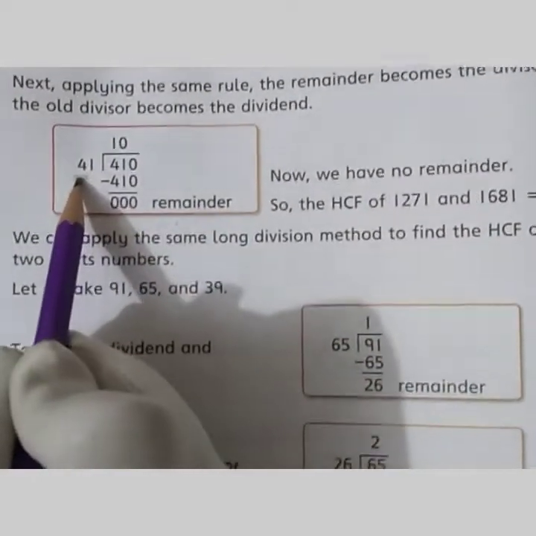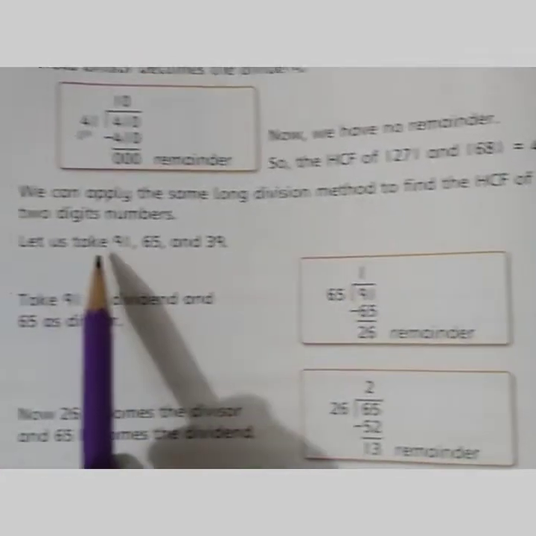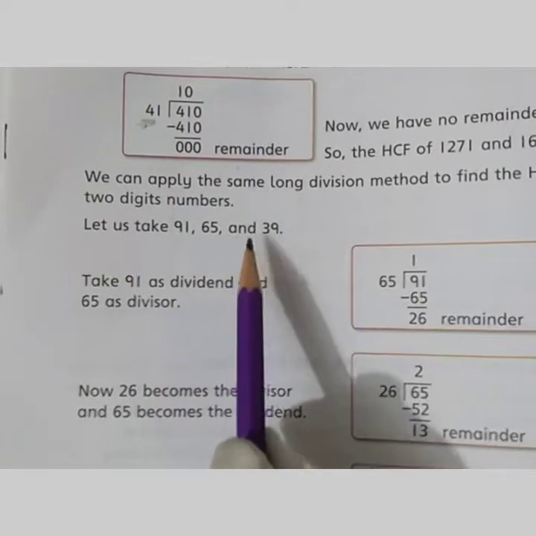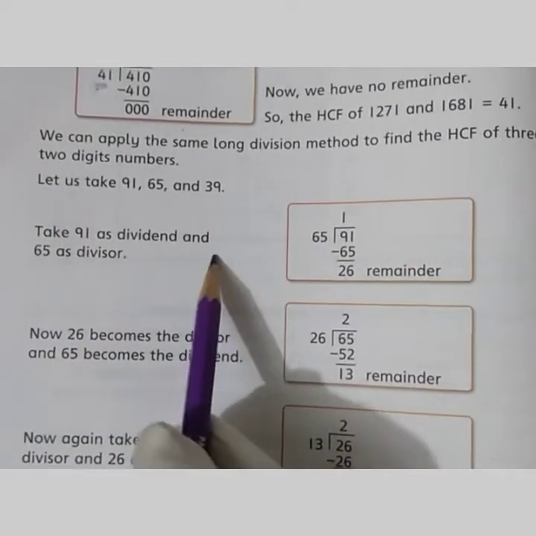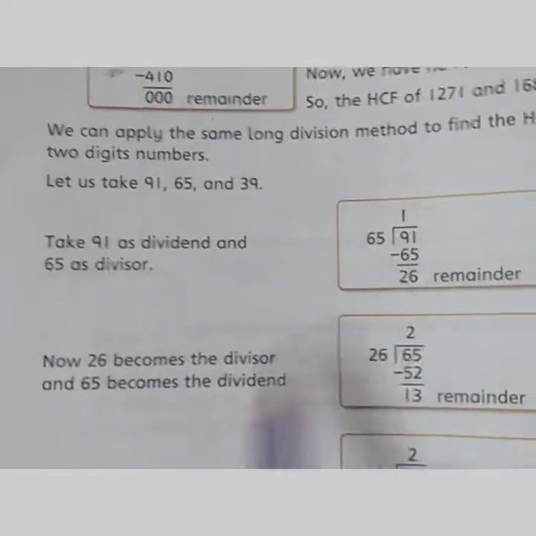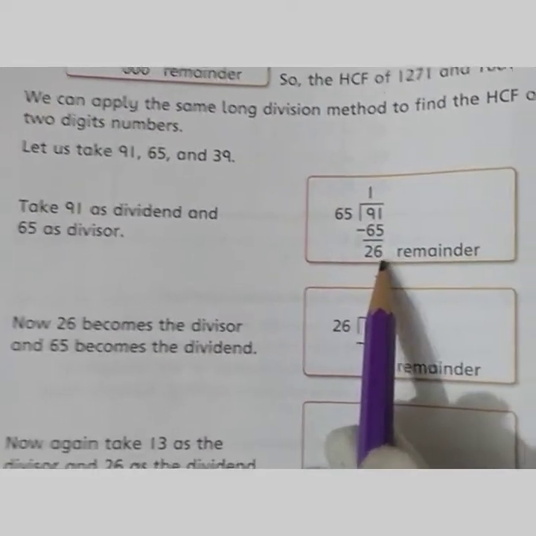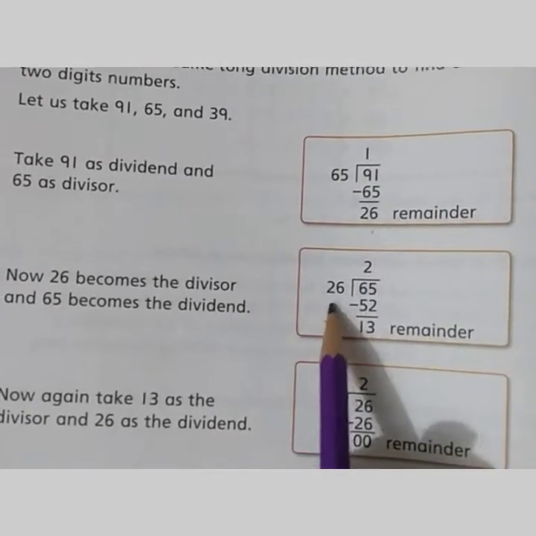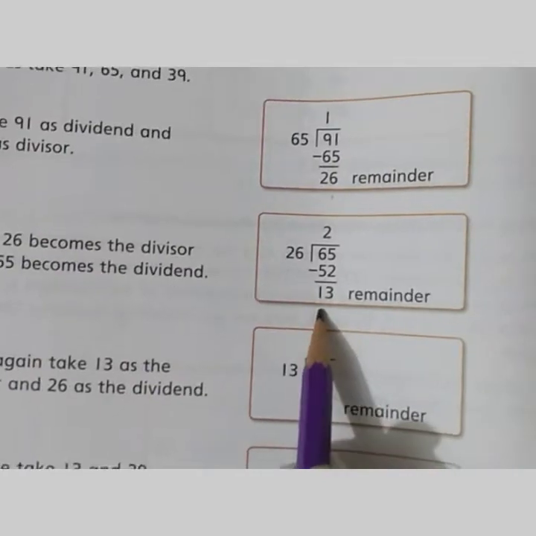It is 41. Again, let us take three numbers: 91, 65 and 39. Take 91 as dividend and 65 as divisor. In the end, the remainder is 26. With 26, again we divide 65 and the remainder is 13.